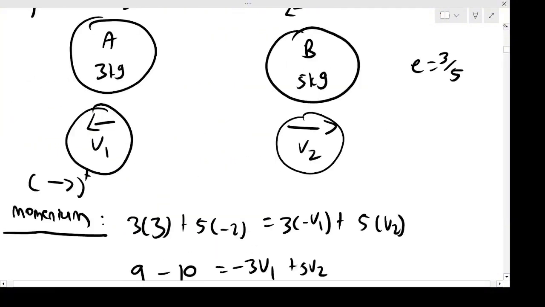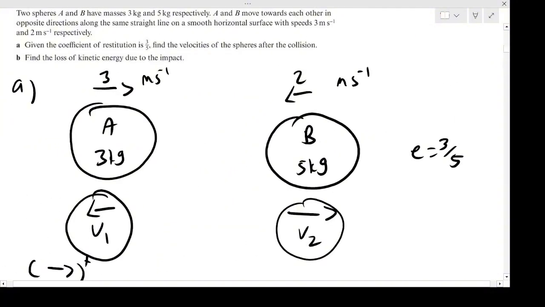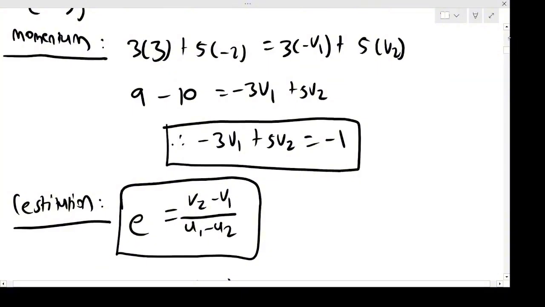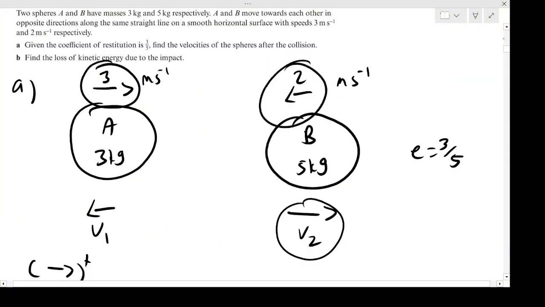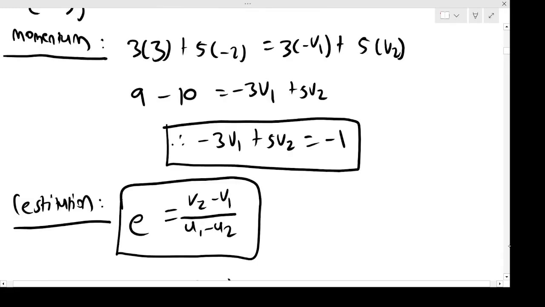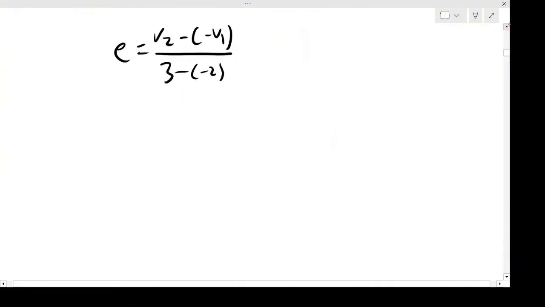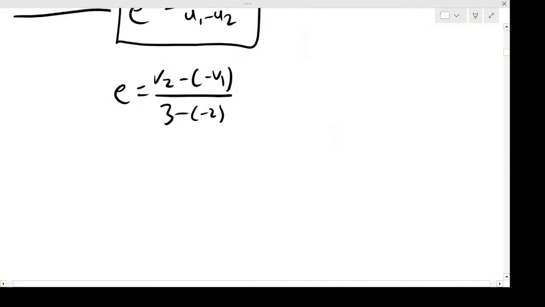Then U1, the speed before, is the speed of the first particle A, which is 3, take away U2, which is 2, but again it's negative, so it's going to be minus minus 2. So that simplifies to V2 plus V1 over 3 plus 2.